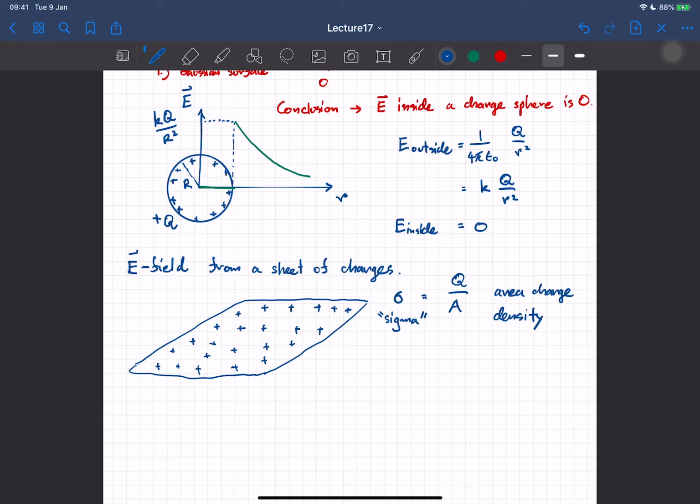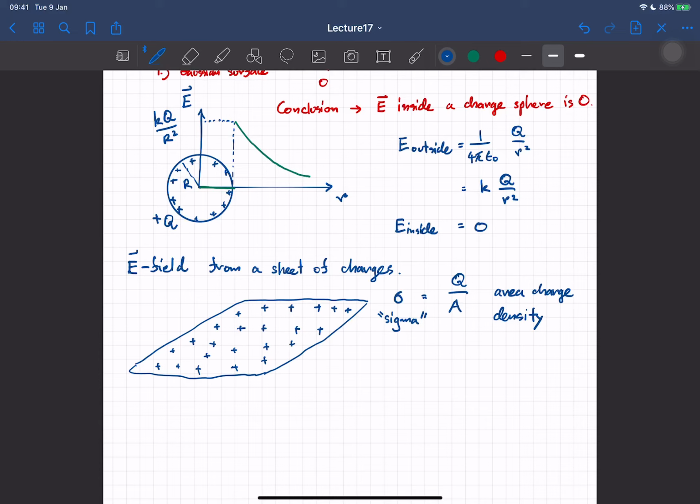The unit is coulomb per meter squared. Usually we talk about a sheet of charge which is really, really large, large enough that we can approximate the sheet to be almost infinitely large.